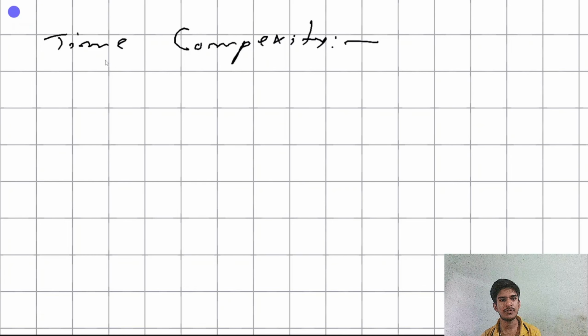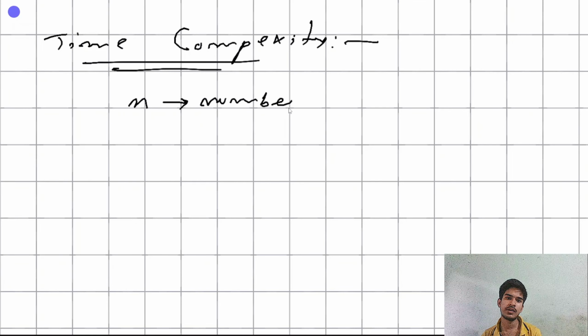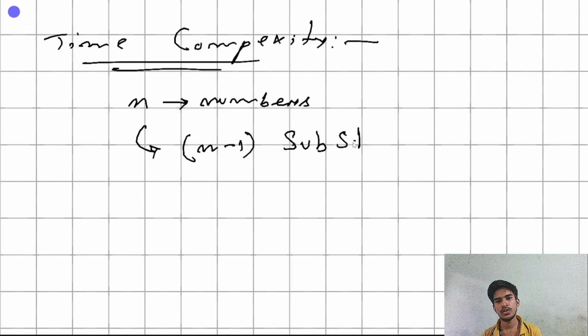So basically, if we have n numbers, then we would have n minus 1 substeps.